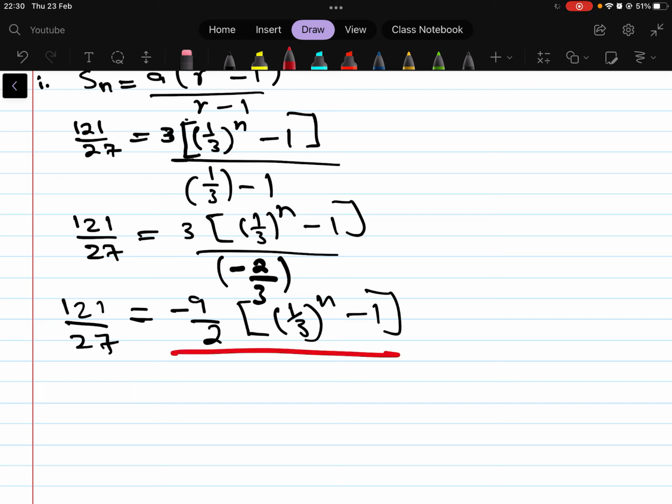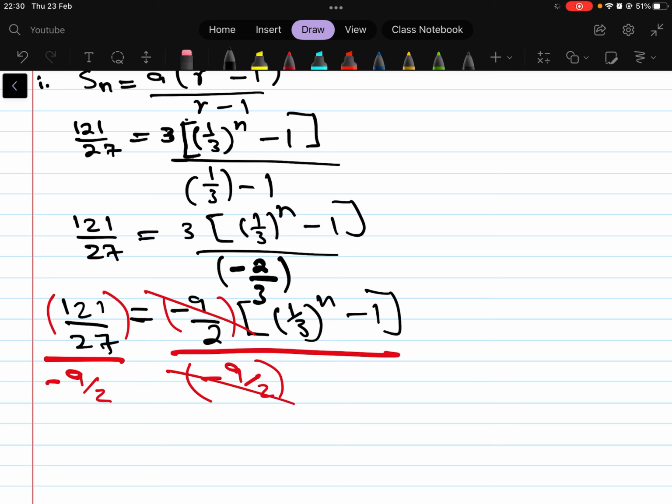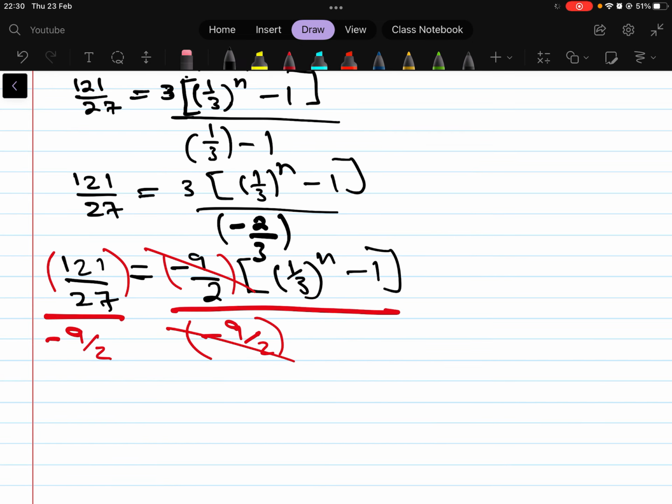Now what you can do is just divide by negative 9 over 2 on both sides. This and that, they will cancel each other like that. So on the left hand side you will be having 121 over 27 all divided by negative 9 over 2.